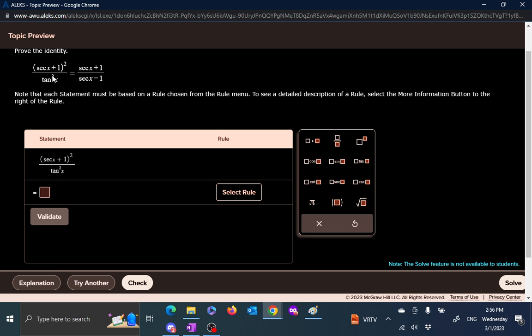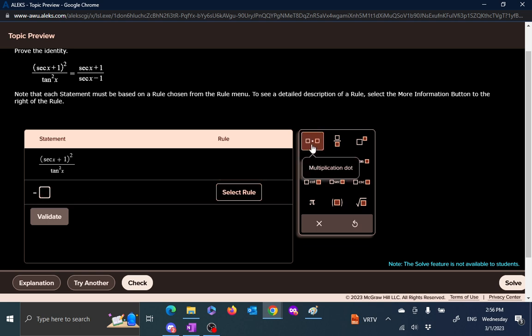So how can I arrange for that cancellation? I need something about tangent squared of x. So what's available right now? Well, our Pythagorean identity, you remember tangent squared plus 1 was equal to secant squared, and therefore tangent squared is secant squared minus 1.